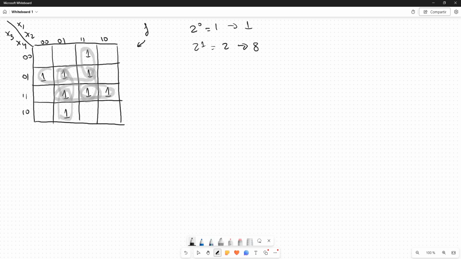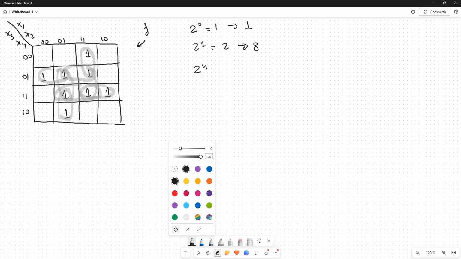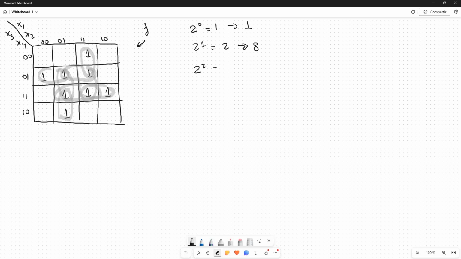This is an exercise just to see concepts, to remember concepts. So, if we look for implicants of this size, we have only one, this one in the center.